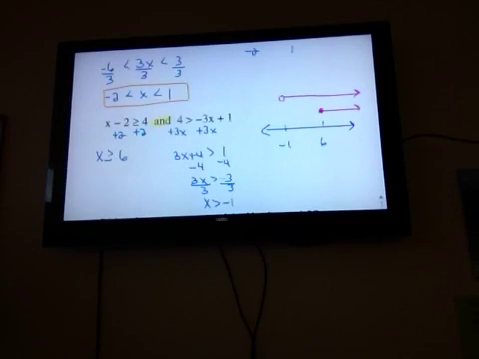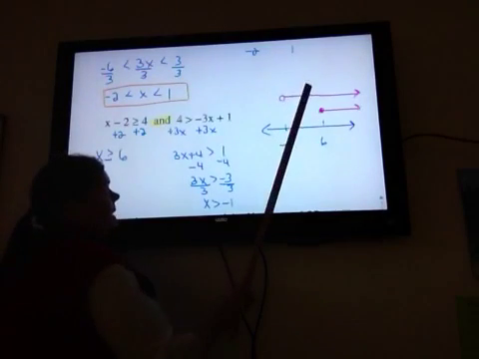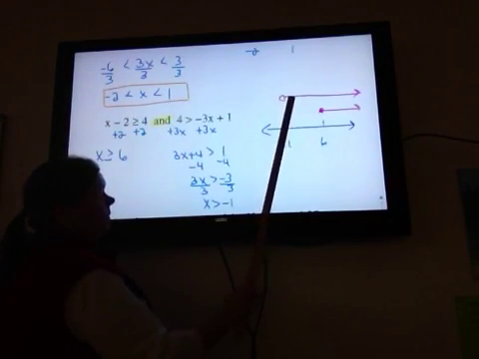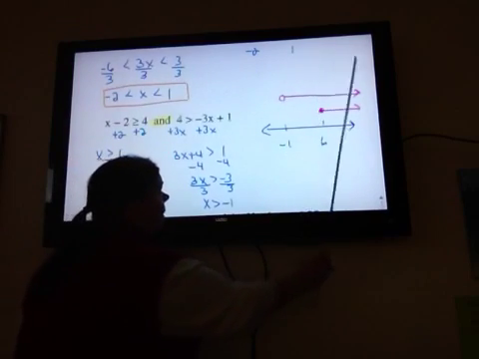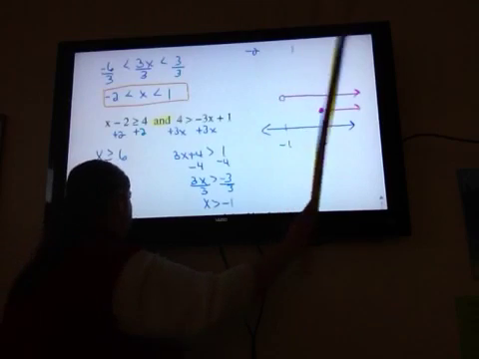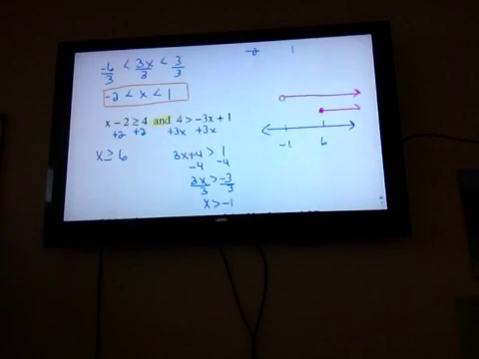Because that's what you define for an "and". Where do these graphs overlap each other? That is at the 6. So this one has some numbers right here that only work for that one, but right here works for both of them. This is where they're overlapping, from 6 to infinity. That's my answer. It's not going to be a dumbbell.